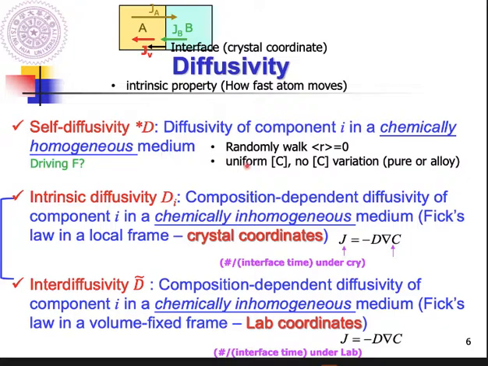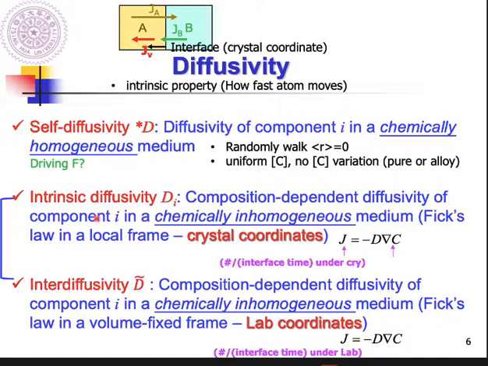That means within these materials the concentration is uniform, with no concentration variation along your materials. It can be a pure material or an alloy, as long as the concentration is uniform. Then the diffusivity we measure is the self-diffusivity, star D.